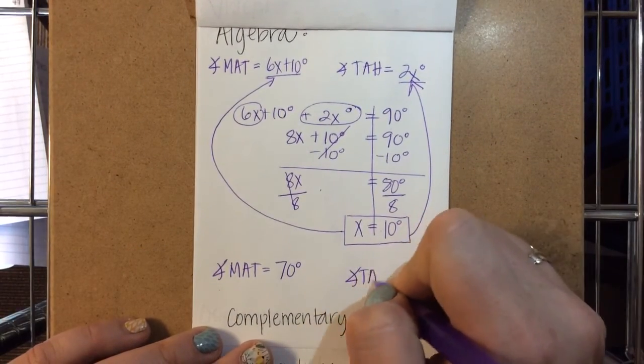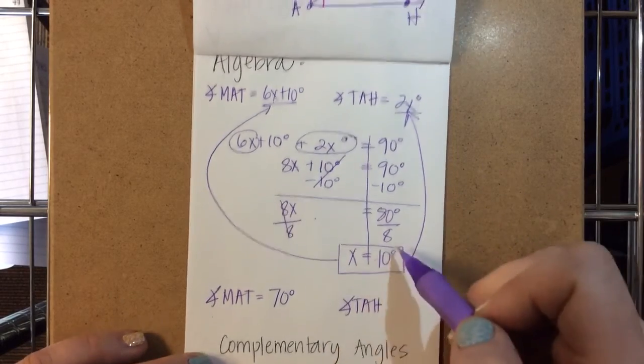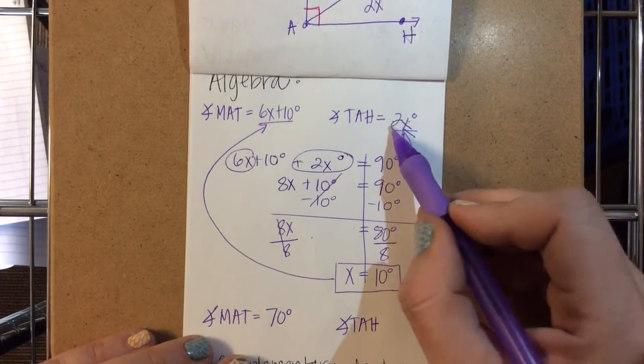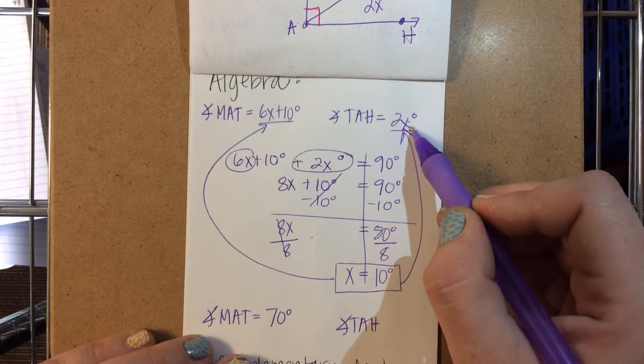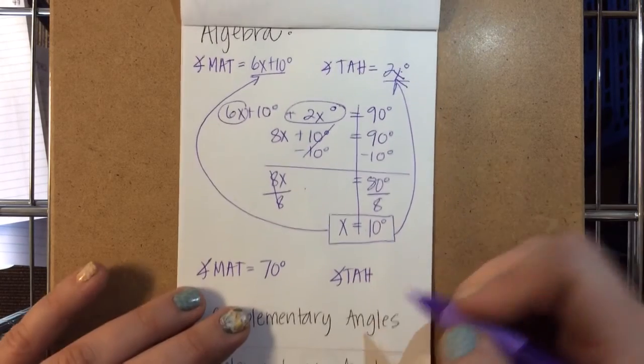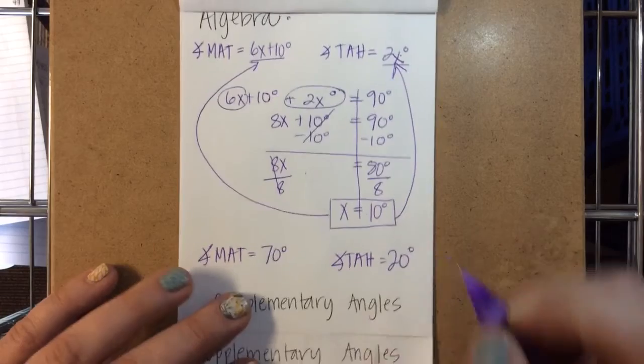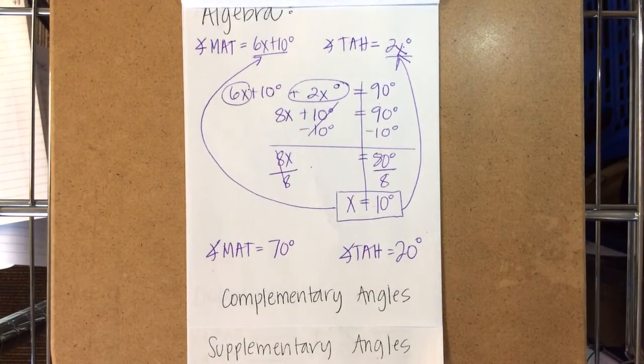And angle TAH, well, 2x, so 2 times 10 is 20 degrees. Wait a second, how come those aren't equal to each other? Last time they were equal. Because last time, what kind of angles were they? Vertical angles.